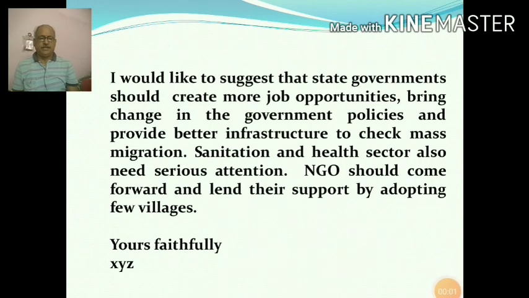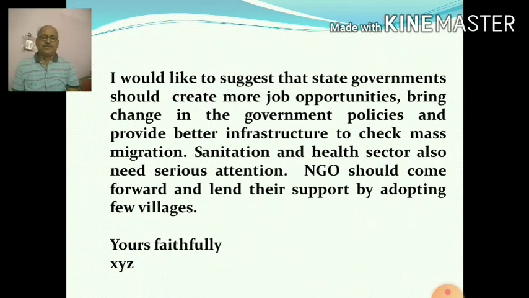So see the last paragraph that has been written here. You are free to give suggestions to improve the condition of the slum dwellers. That is why it has been written here.